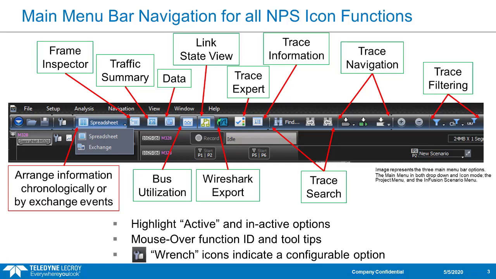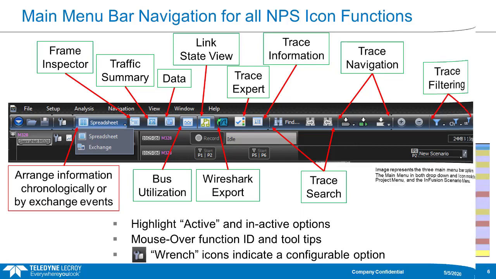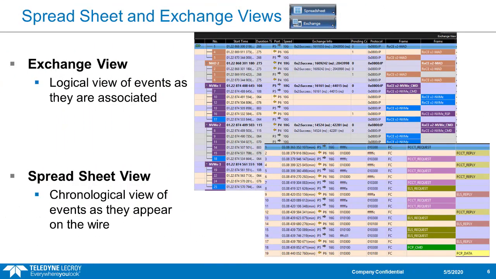The image here shows the main bar with its features highlighted, which occurs with an open trace capture, either new or saved. We'll follow this with detail for each icon and option. One of the first and more ubiquitous views for any packet inspection utility is the spreadsheet view, and by extension in the Net Protocol Suite, the Exchange view.